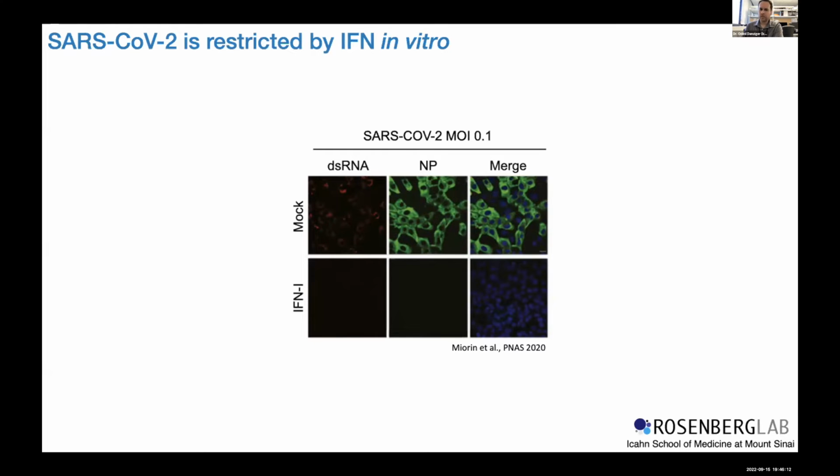You can see that upon treatment with interferon, the cells become completely resistant to viral infection. So interferon induces a very strong non-specific antiviral state in affected cells. And it does so by inducing the expression and translation of a large group of genes, collectively termed interferon-stimulated genes, or in short, ISGs.